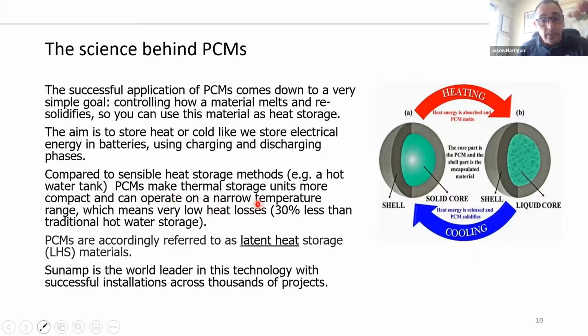So PCMs make great thermal stores. They're compact, they can operate on a narrow temperature range, which means really, really low heat losses, 30% less than a traditional system.